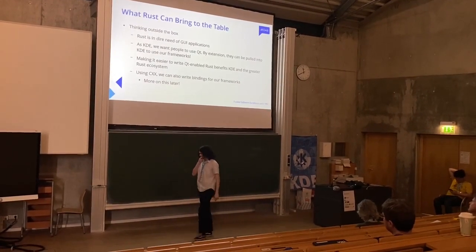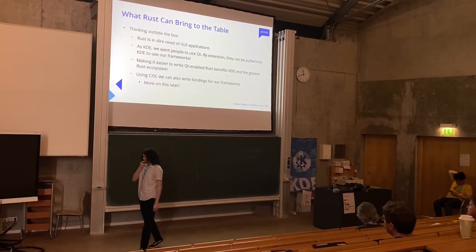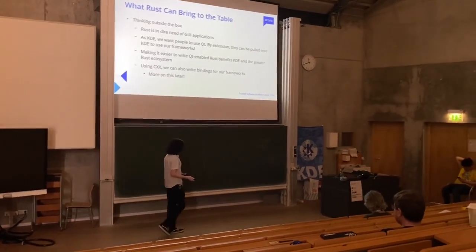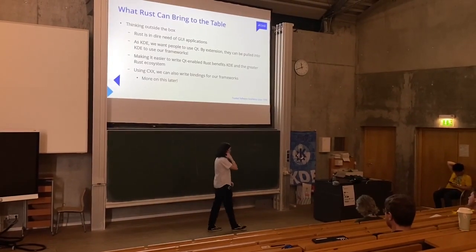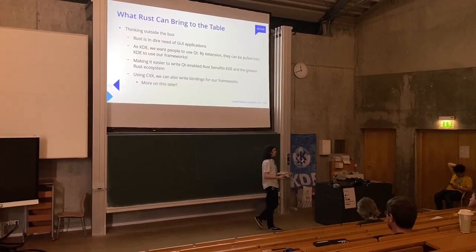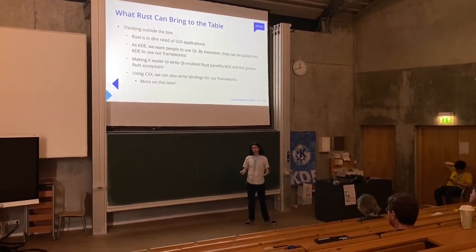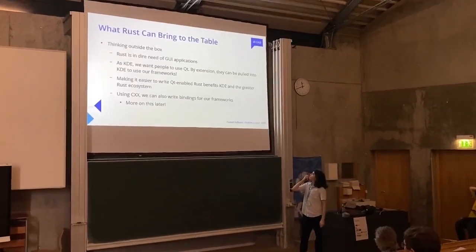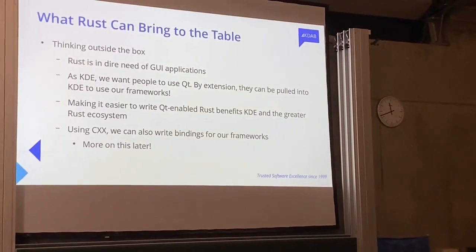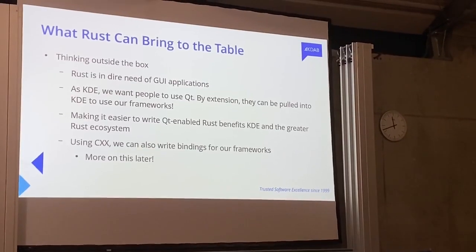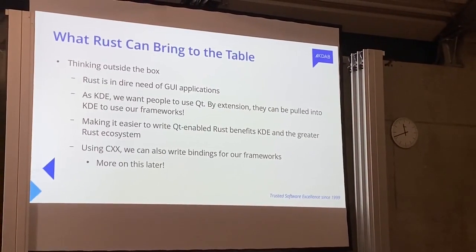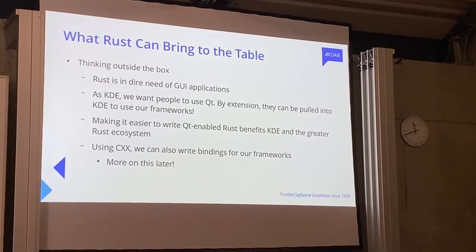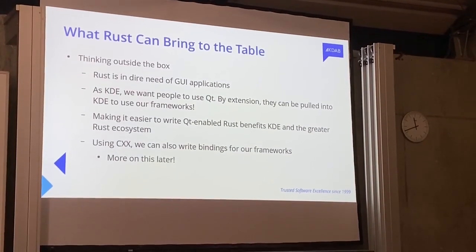And so I think we can both benefit from this arrangement. If Rust needs a UI library and Qt wants to attract contributors, why don't we start writing Rust code? I feel like making it easier to write Qt-enabled Rust programs and permeating Rust within the KDE community can help both sides.